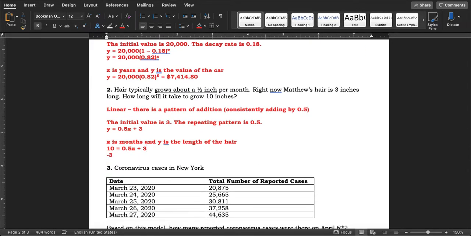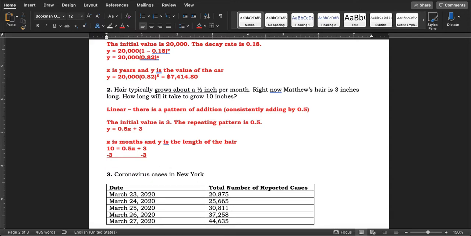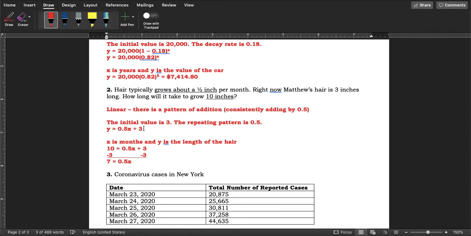So now I'm going to solve the equation. Remember, if I want to solve this equation, the first step would be to subtract both sides by 3. This is going to cancel out. The next step would be to divide both sides by 0.5.